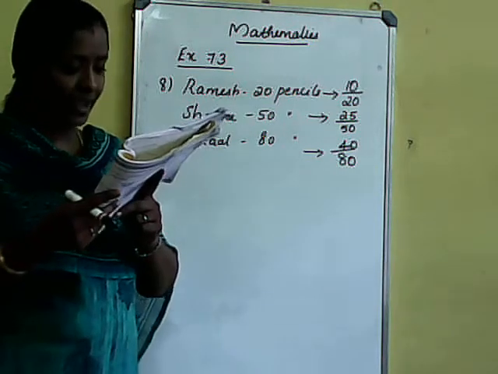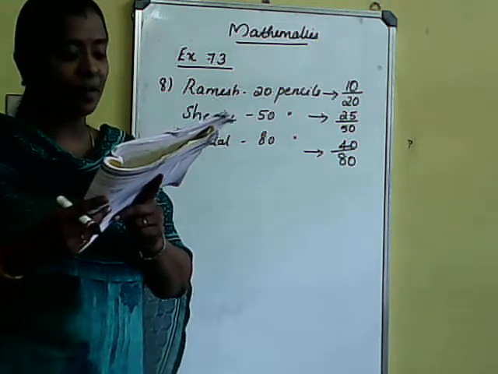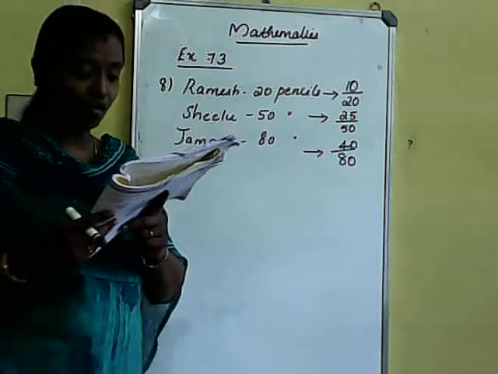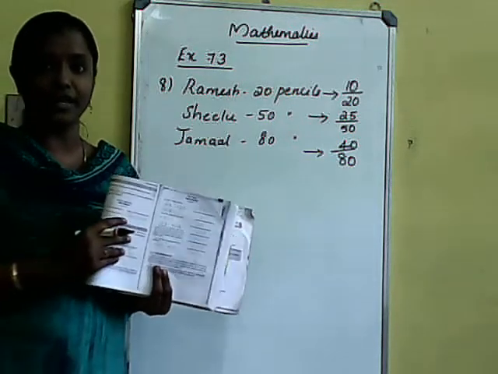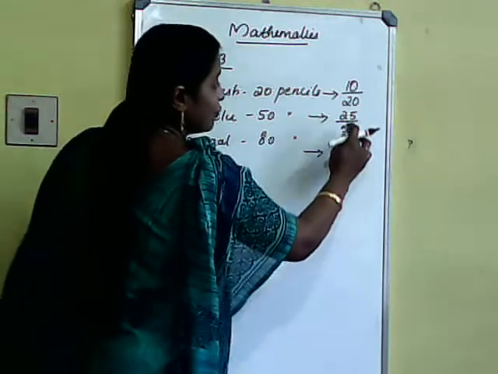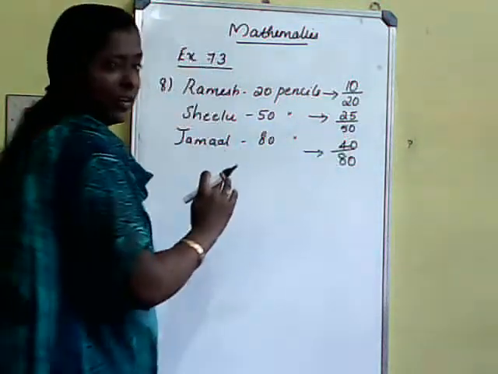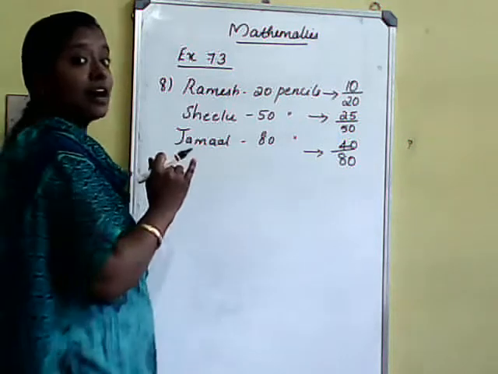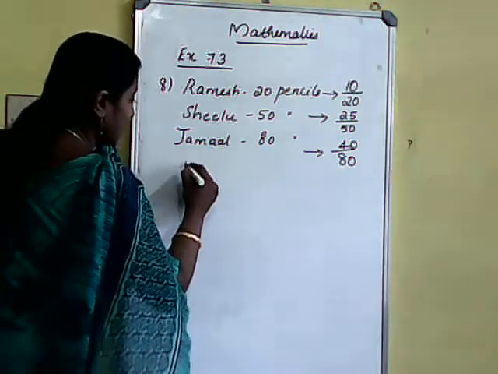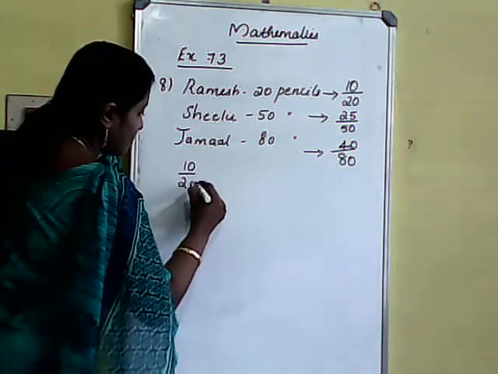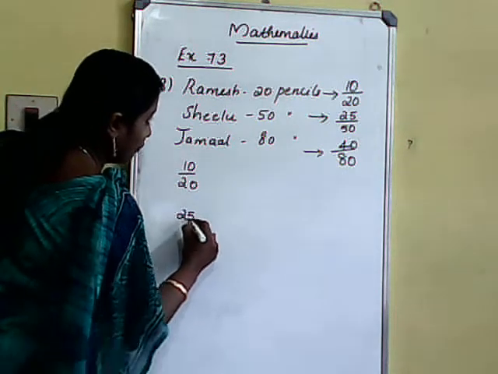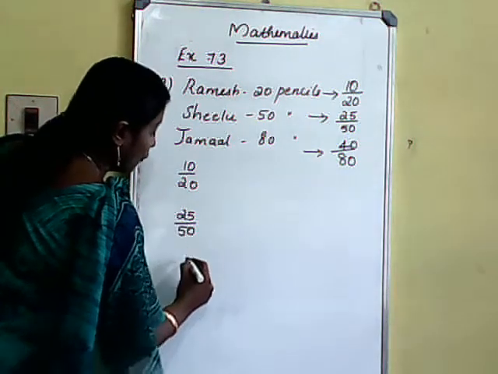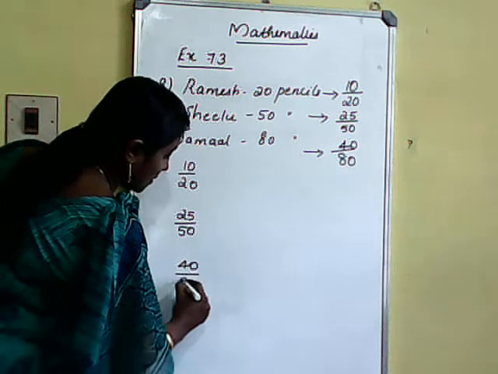Second one, check if each has used up an equal fraction of his or her pencils. So first look, that means it is not equal. So whether these three fractions are equal. That is 10 by 20, 25 by 50, 40 by 80.